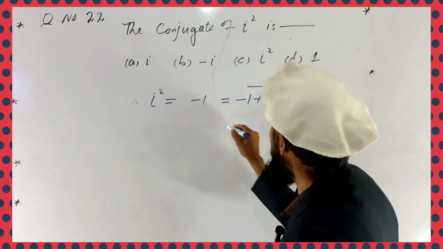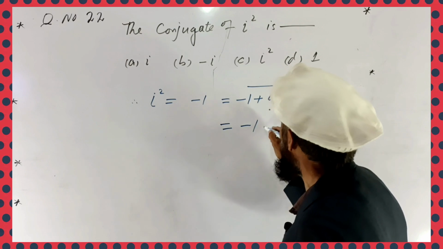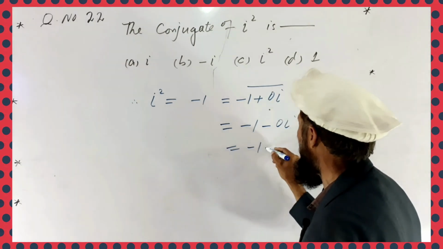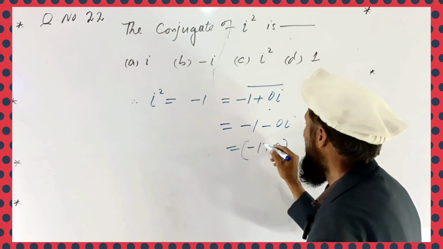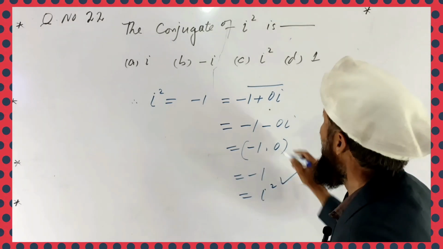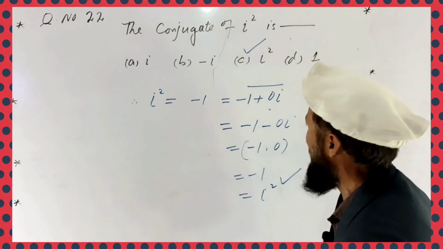If we take the conjugate, the result is minus 1, because minus 0 has no effect. So the result is minus 1, and minus 1 is equal to iota square. Iota square is the correct answer.